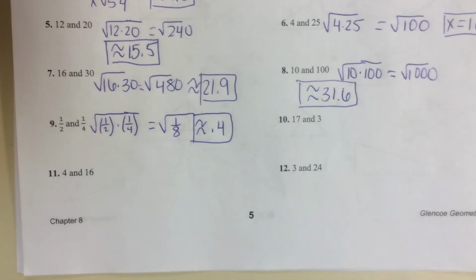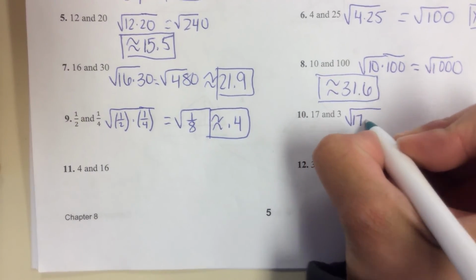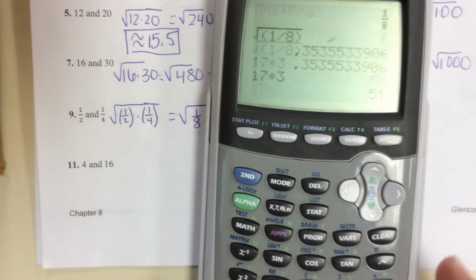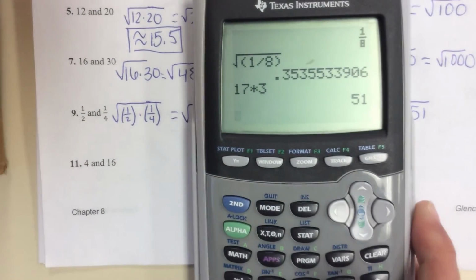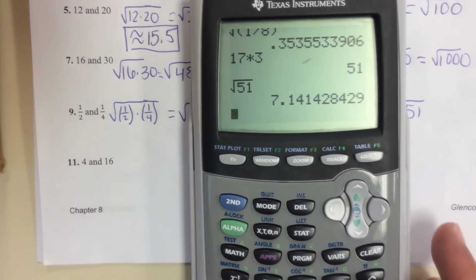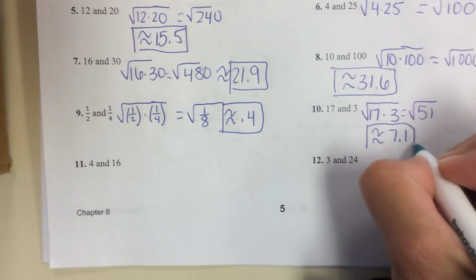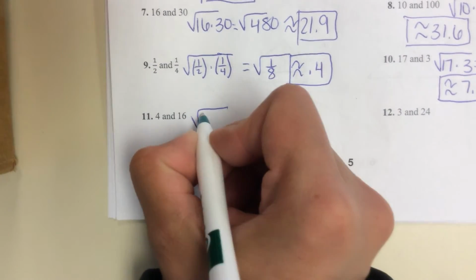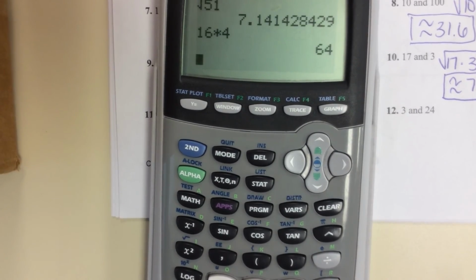Number 10, 17 and 3. 17 times 3 gives you 51. Take the square root of 51. That gives me approximately 7.1. Okay, 11, 4 and 16. 4 times 16 gives me 64.